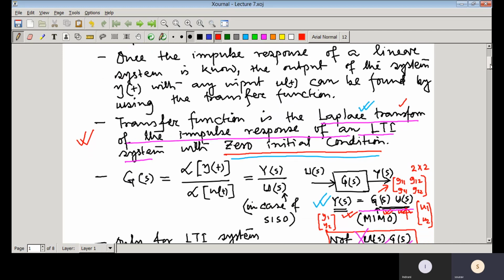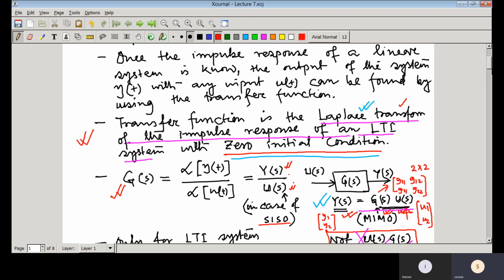Sometimes someone says that it is the ratio of the Laplace transform of the output variable and the Laplace transform of the input variable. But this particular definition is not correct, because the ratio of output by input only holds in the case of a SISO system, single input, single output.